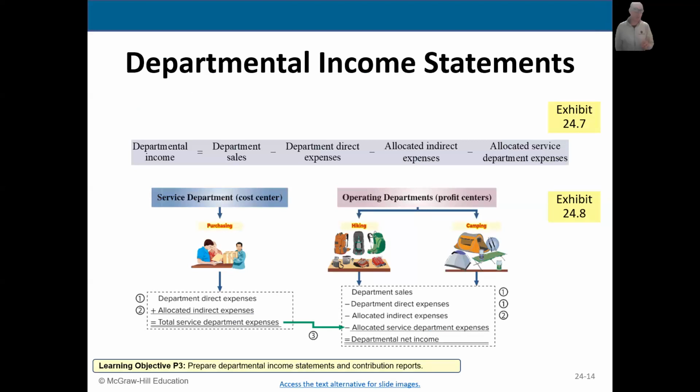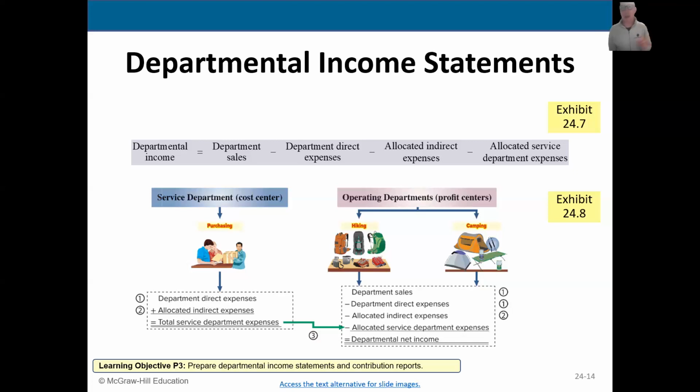Okay, here's the formula we use to determine the department income. We take department sales minus the department direct expenses that we can directly trace to the department, like the hourly wages of the employees in the department, the inventory in the department, etc. Minus the indirect expenses, like the allocated cleaning expense for the jewelry department.